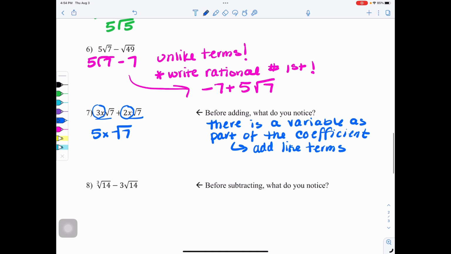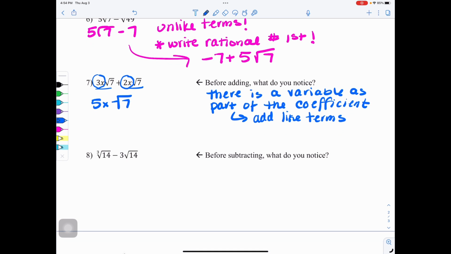And then our last one, number 8, is a subtraction problem. But before we subtract, what do you notice? I'm hoping that you see that we have different things on the outside of that radical. So it's not the same index. I have an index of 3, and then remember when you don't see one, it's actually an index of 2.